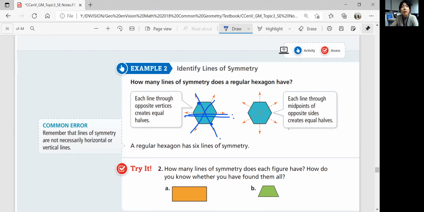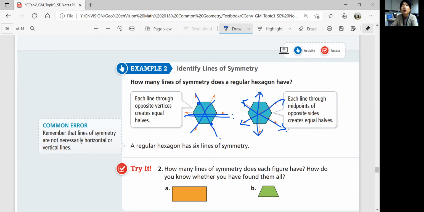So a regular hexagon has 6 lines of symmetry, including the lines that go through each pair of opposite sides in exactly half, okay? So don't limit yourselves by thinking about lines that go through points or vertices.